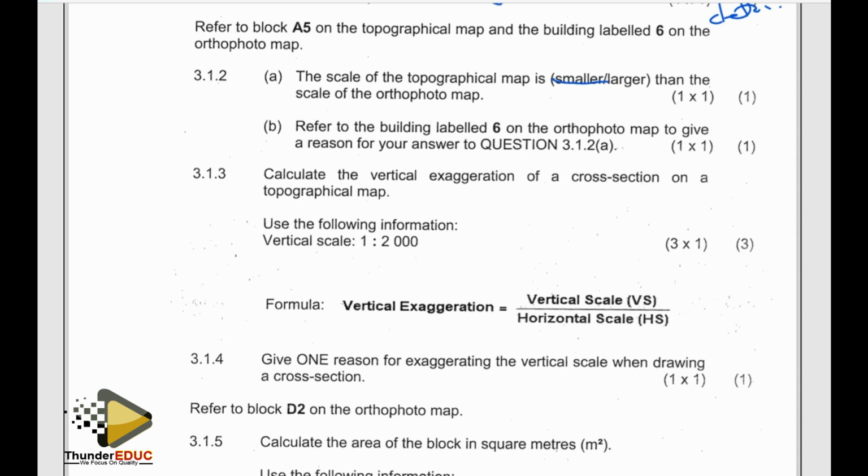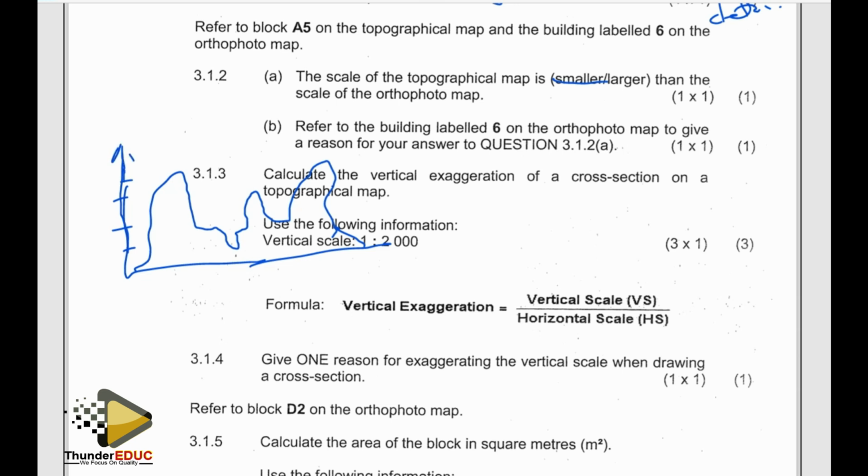When we draw a cross section, we have to use a scale on the vertical axis which will allow us to emphasize the height of features, maybe some valleys, hills, or mountains. To emphasize the height, we should deliberately stretch the vertical scale such that these features become more pronounced and more visible.